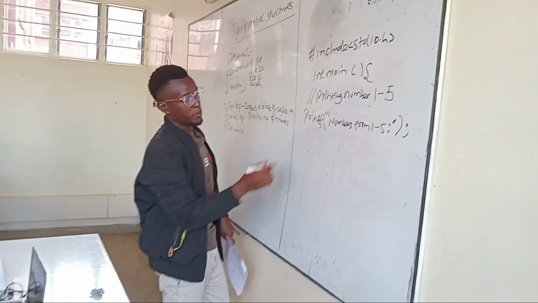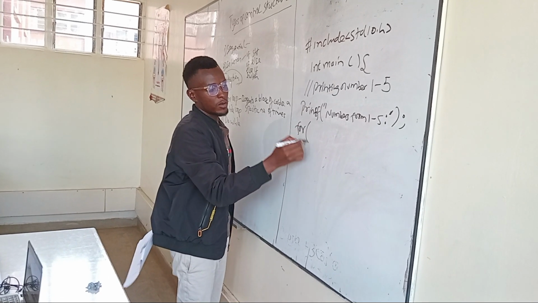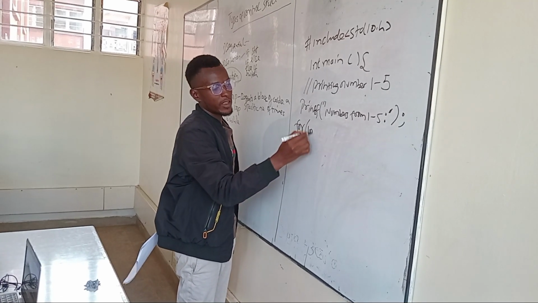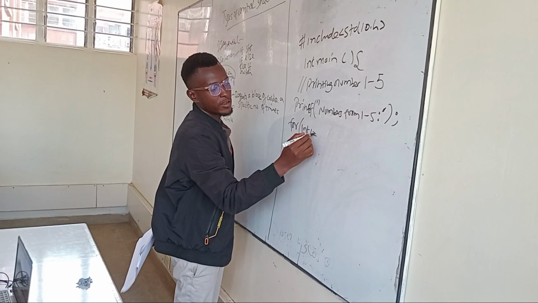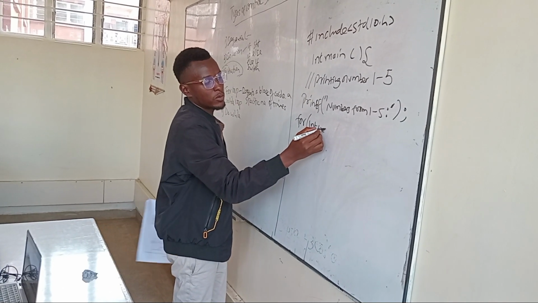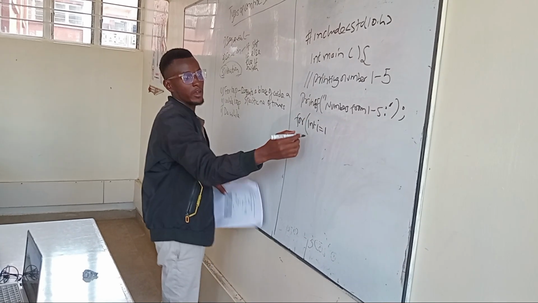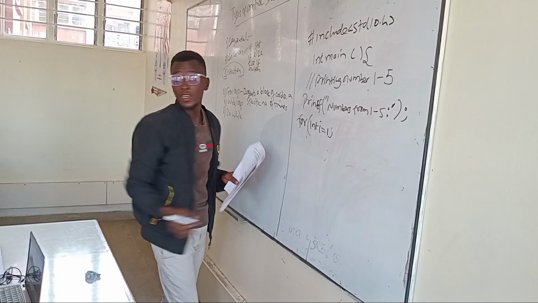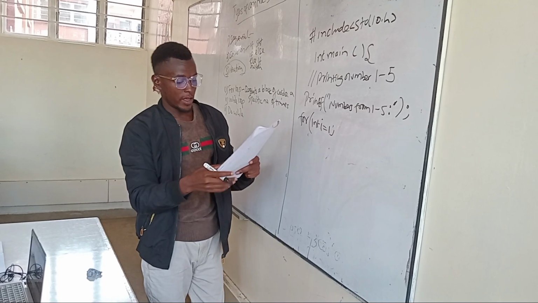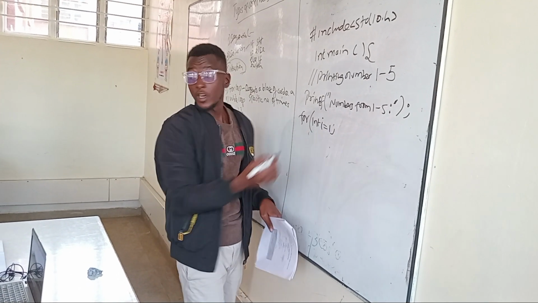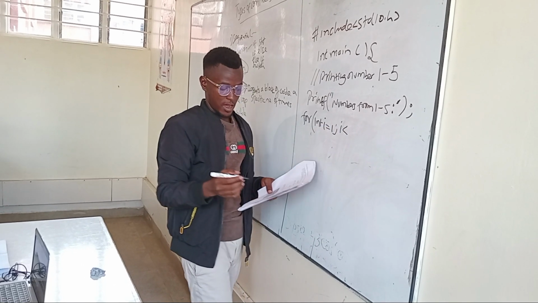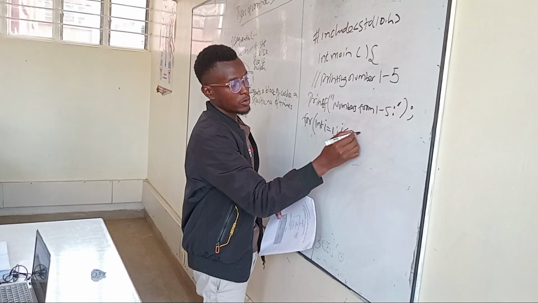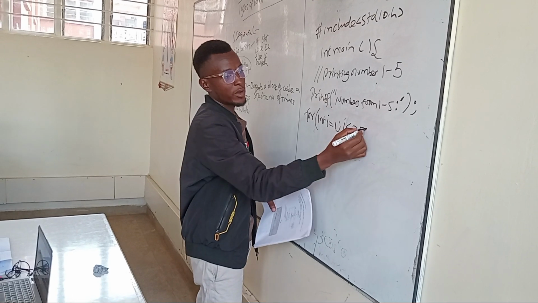Then you put your for initialization. You say int i is equal to 1. You initialize the loop counter to start at 1. Then you put the condition: i less than or equal to 5, because that's the number you want to print up to.